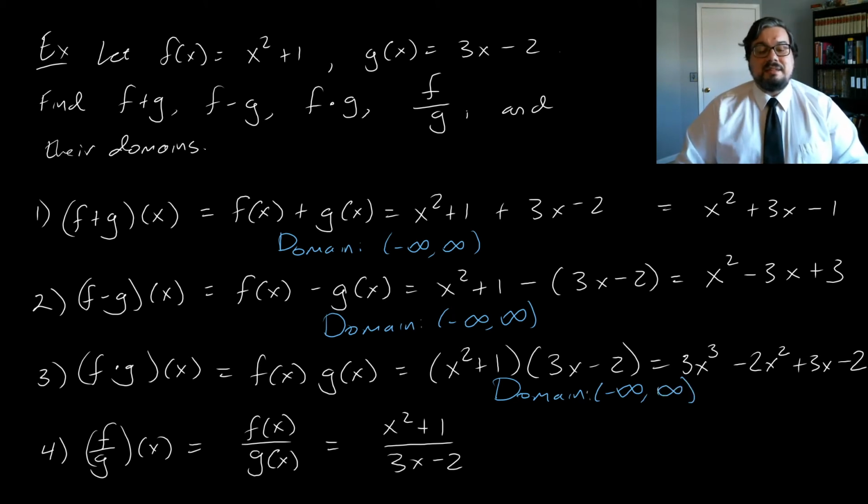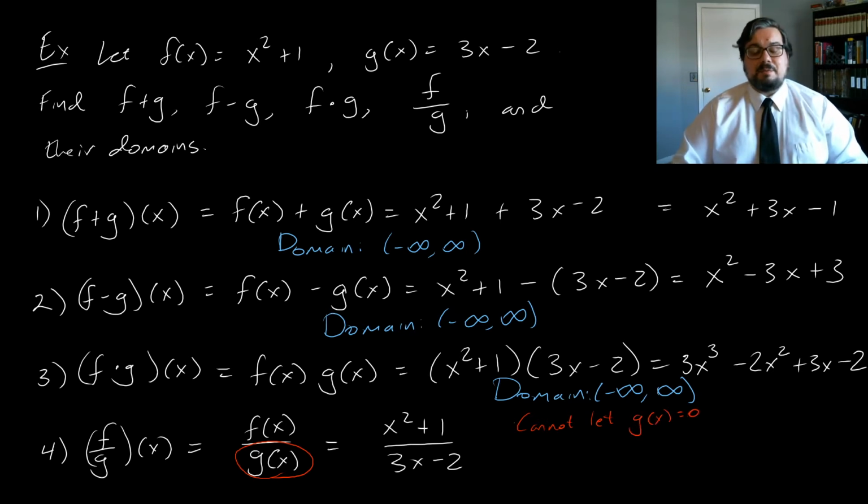However, for the last quotient here, our domain is not going to be all real numbers because we have a function in the denominator, and we need to make sure that that function does not equal 0. So we cannot let g of x equal 0.